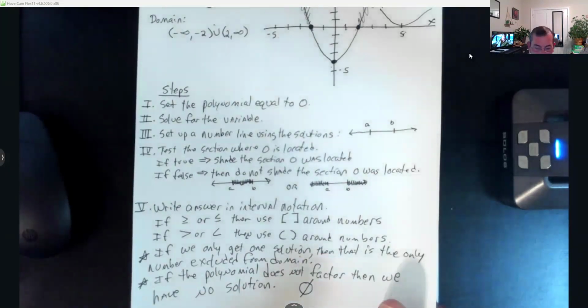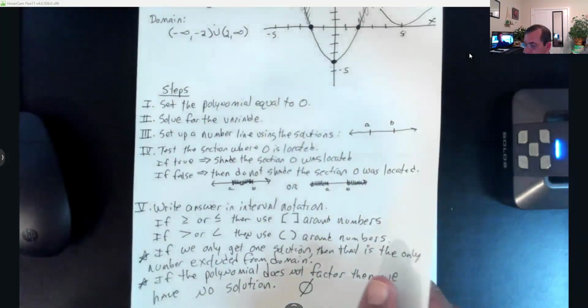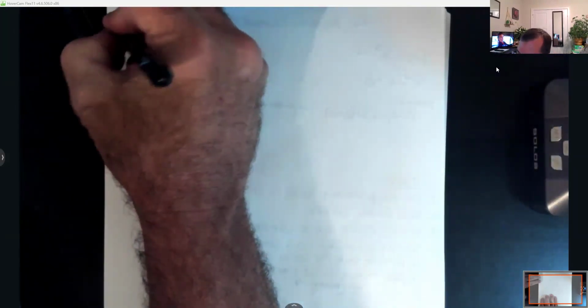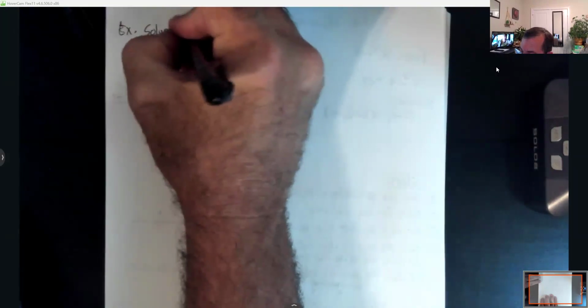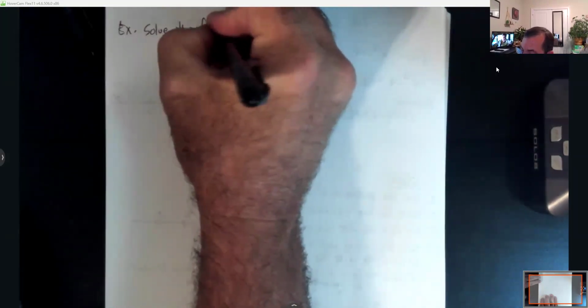So let's get started and do our first example. And y'all, all these are going to say is solve the following inequality.